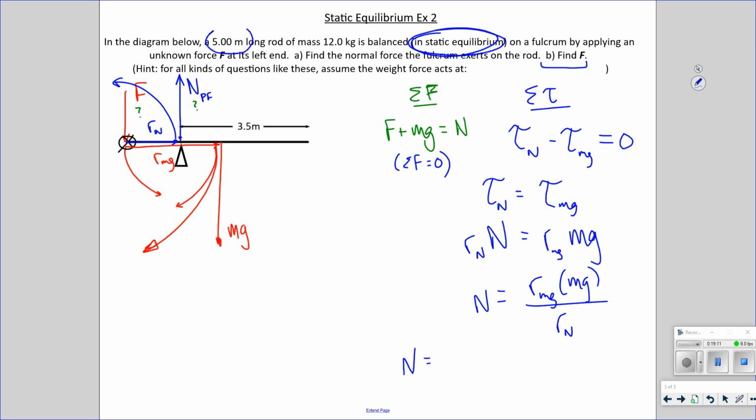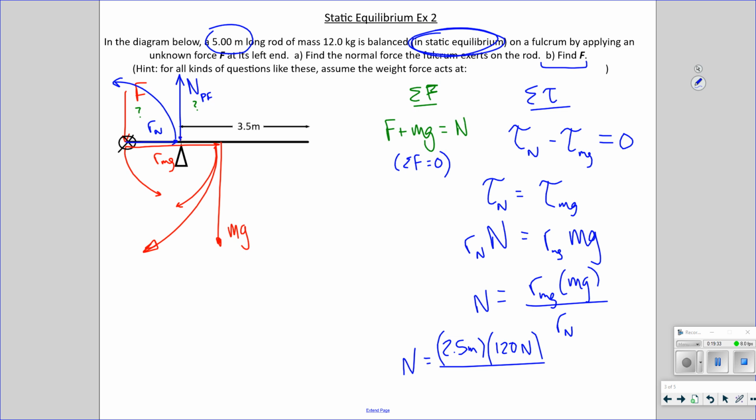This is a 5-meter long plank. From the end, R_mg is to the center of mass, that's 2.5 meters. mg itself is 12 kilograms times g, 120 newtons. R_N, well, notice, it's 3.5 meters from N to the right end.